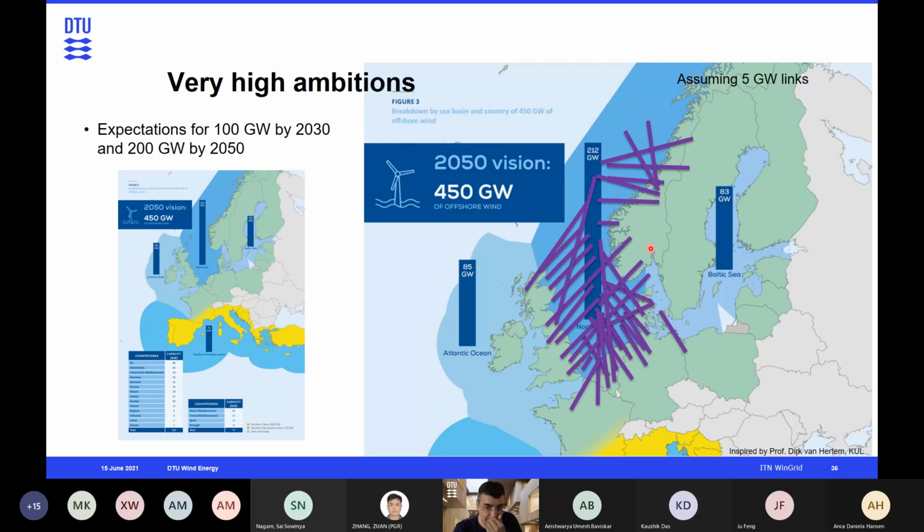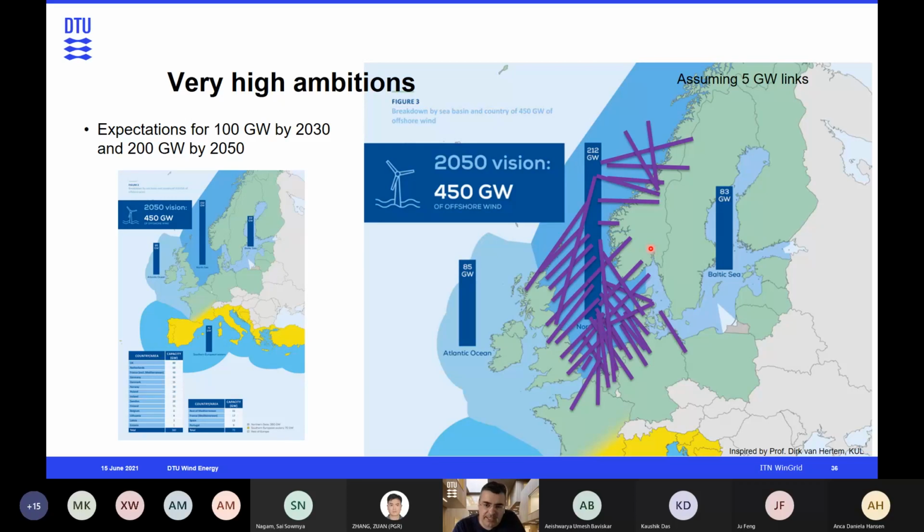Of course, this is a non-artist or an engineer's illustration of the grid, but it will end up looking like way too many connections and too many cables to the shore. We have a very spaghetti-like type of connection, and of course, this is not sustainable.